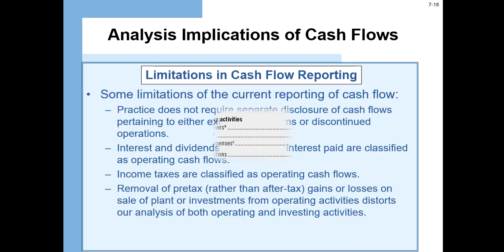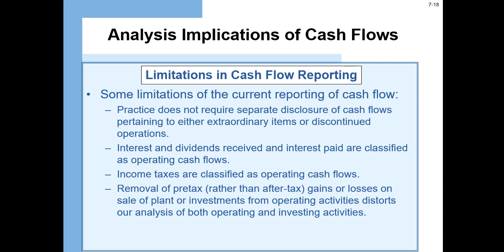So now we turn to the analysis of cash flow statements. What are the limitations of cash flow reporting? There are some limitations of the current reporting of cash flows. I'll go over this slide, read it because it has been well written actually.